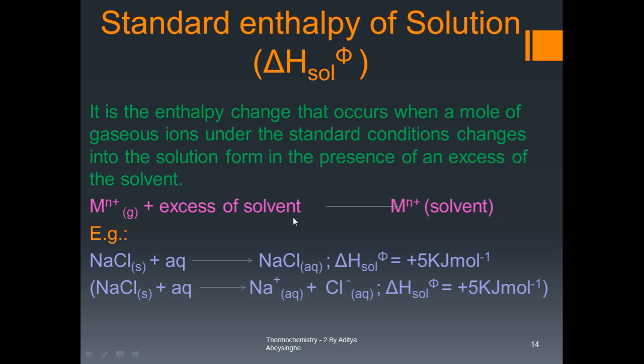So the general reaction for such a process is that you take the ions here. So the ions involved in the sodium chloride bond are the sodium plus ions and the chloride minus ion. So sodium plus ion dissolves in an excess solvent to form sodium plus solvent or sodium plus aqueous. So you get that here. And the chloride minus ion dissolves in the excess solvent to form chloride minus solvent here. So you get the chloride ion here.